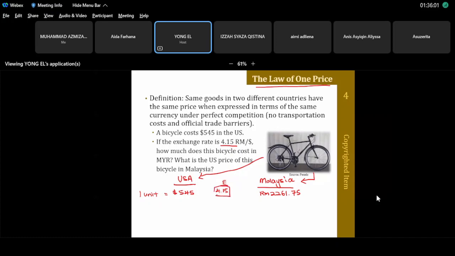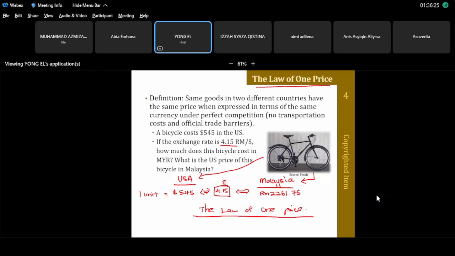Meaning at this exchange rate, the bicycle is sold for the same price in the United States and Malaysia. We call this the law of one price.